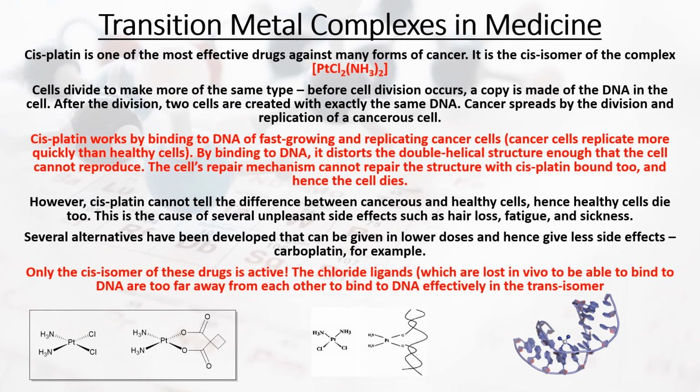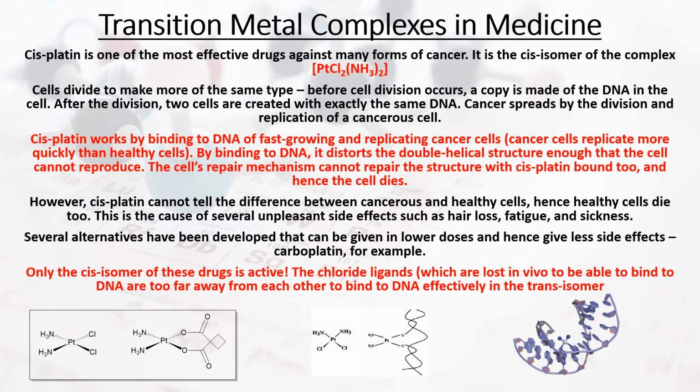The overall effect of that is that the cell can't reproduce. By bending it so much out of shape, it stops the reproduction, and the repair mechanism is unable to fix this massive kink in the chain. Therefore, with the cisplatin bound, it can't repair the DNA, and the cell dies. It goes through something called apoptosis. It's a kind of suicide for a cell, essentially. It's got nothing else to do other than just kill itself.